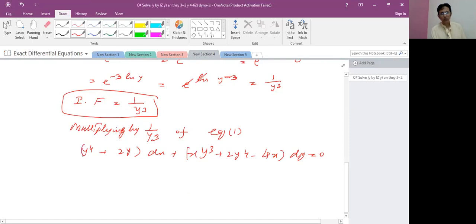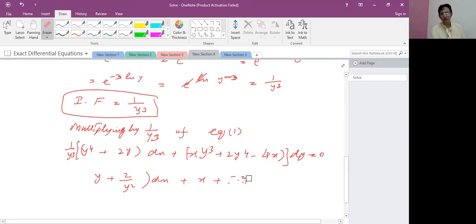So it means, student, if we multiply by 1 upon y cube, the answer is y plus 2 upon y square into dx plus x plus 2y upon y square, minus 4x upon y cube into dy, which is equal to 0.